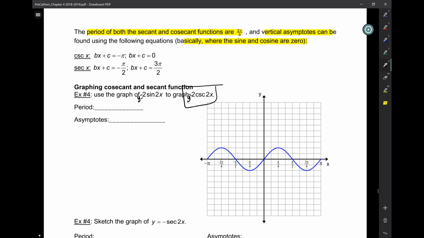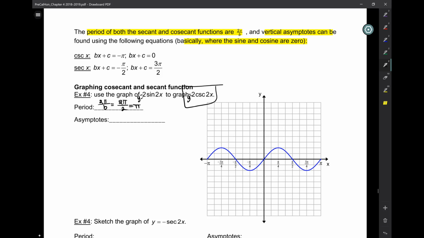Cosecant is the reciprocal of the sine, so we use that to guide us. I will not tell you on the test to use the graph of sine to graph cosecant. I'll just say graph cosecant. The period is going to be 2 pi over b, which is 2 pi over 2, so just pi.